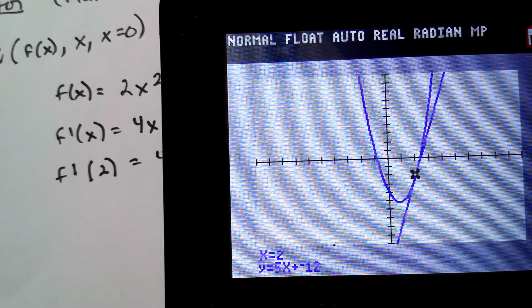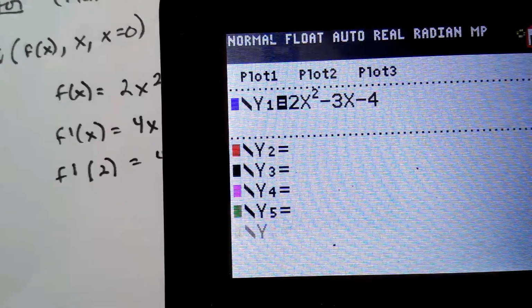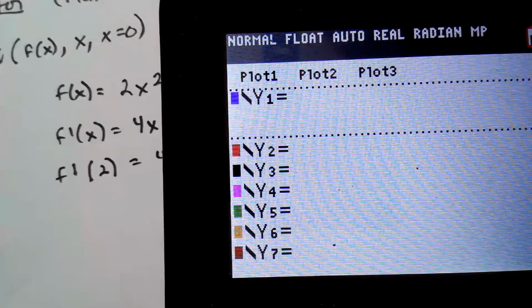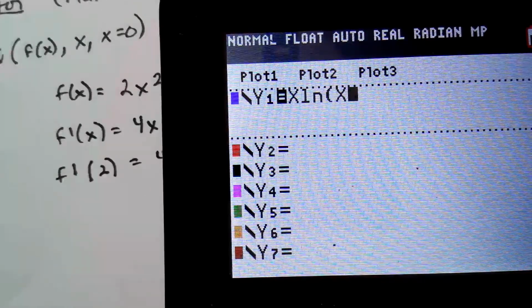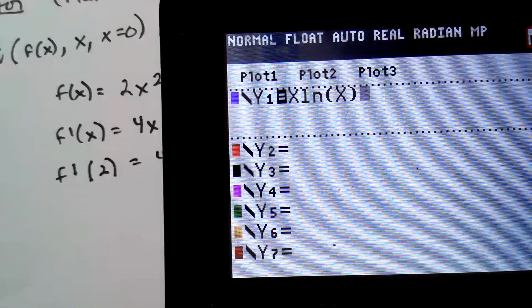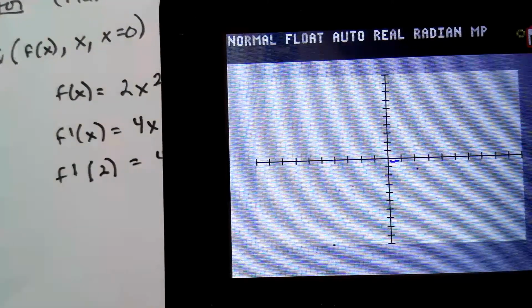The other nice part about this section too is in the exercises on page 112, like 1 through 6, they give you functions, and some of the functions are pretty crazy little functions. So for example, x ln x, right? So I'm going to graph that.